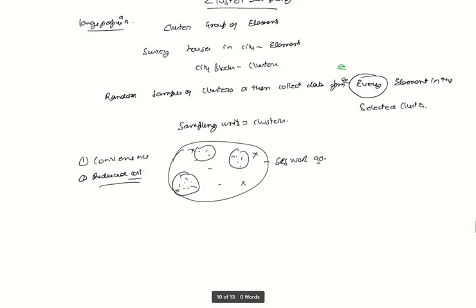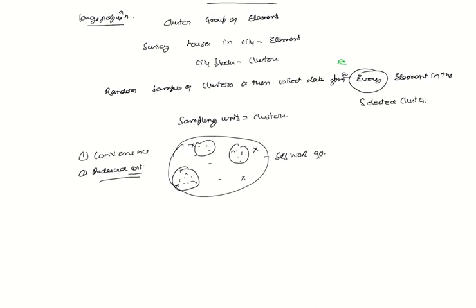However, for a given sample of elements, sampling of individual elements from the entire population usually gives a more precise result than sampling clusters. So cluster sampling is convenient, but it is less precise than SRSWOR.